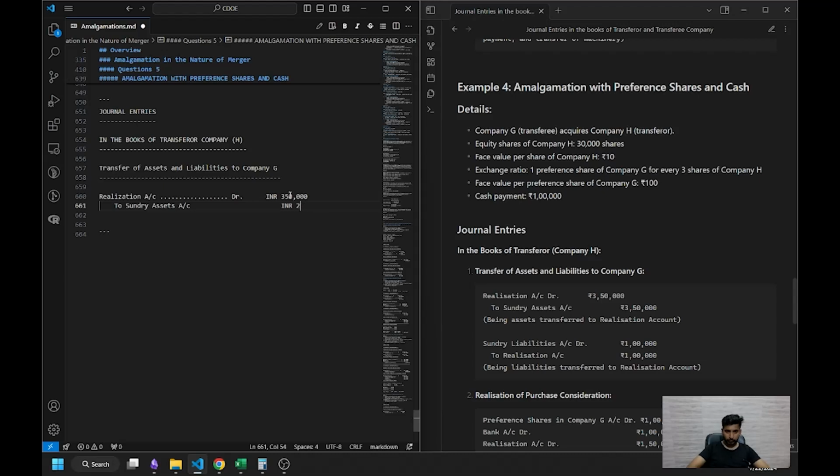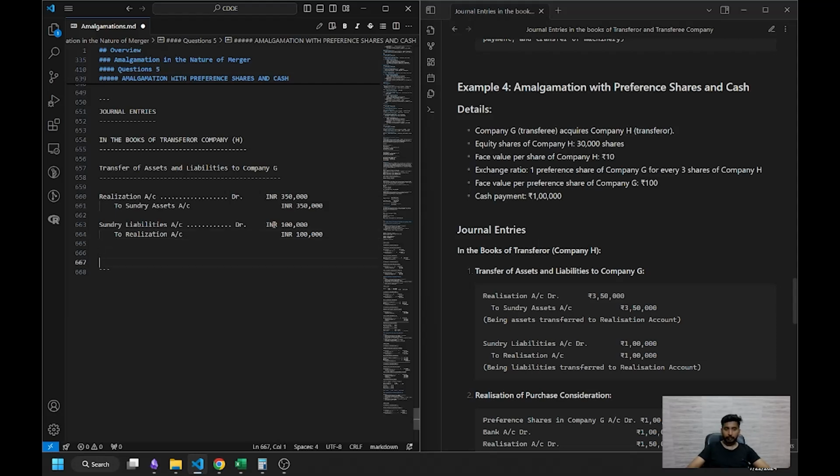After that, the sundry liabilities account debit to realization account, and the amount will be 1 lakh. The assets and liabilities have been transferred.